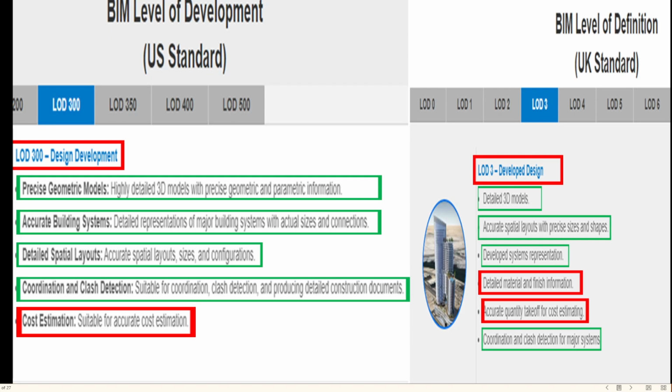The finalized cost calculations is included in the US standards, while the detailing of finalized materials and finishing coatings and finalized quantities for cost calculations are included in the UK standards.